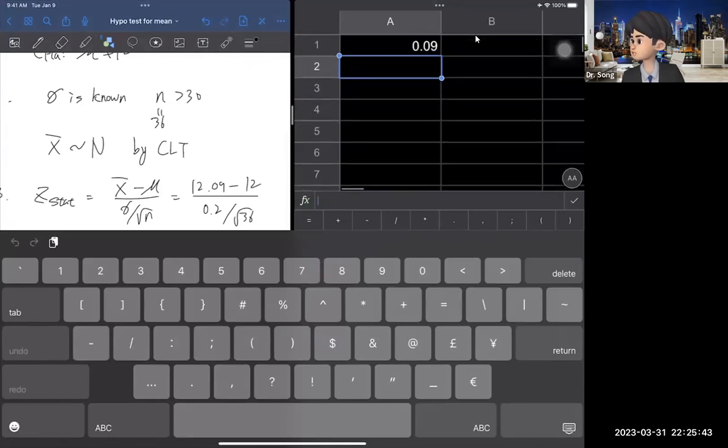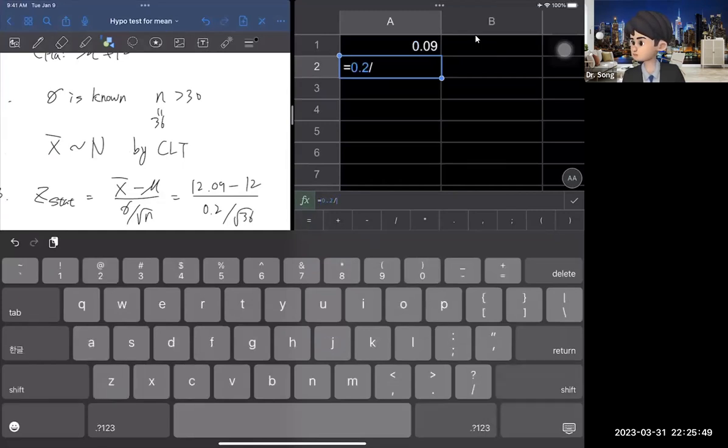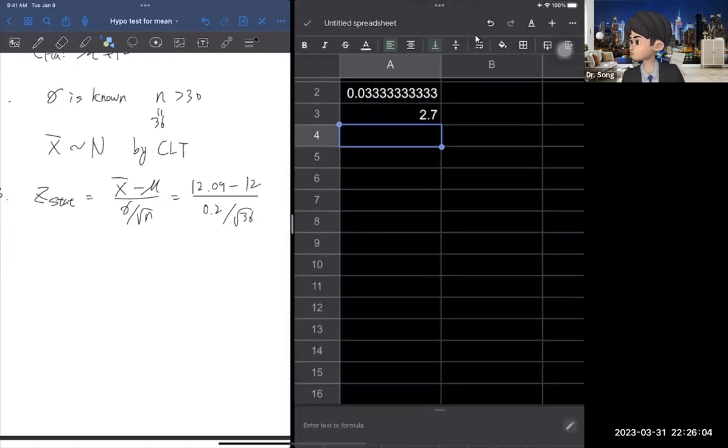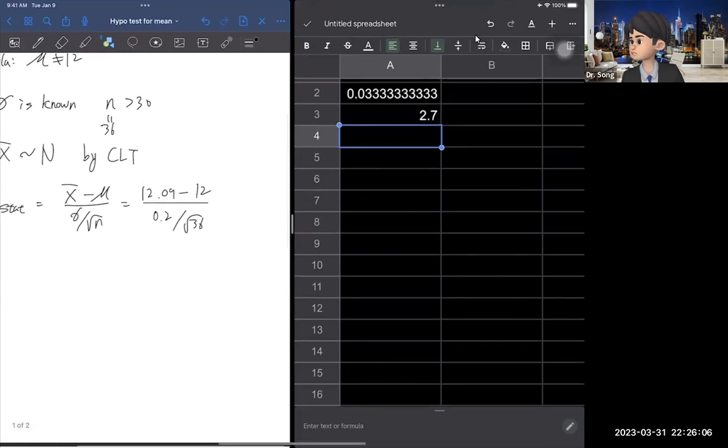And the denominator is 0.2 over the square root of 36. The square root of 36 is 6, right? So the numerator over the denominator gives us the test statistic: 0.09 over this number. Then we have a test statistic of 2.7.